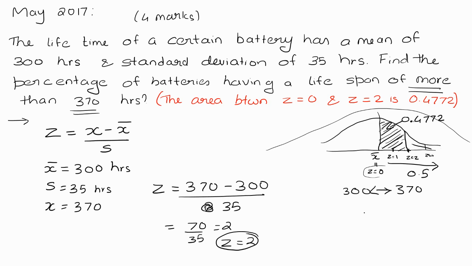So it will be 0.5 minus this area will give me this area. So 0.5 minus 0.4772, and whatever this answer comes to is my required area, or the required percentage of the batteries having a lifespan of more than 370 hours.